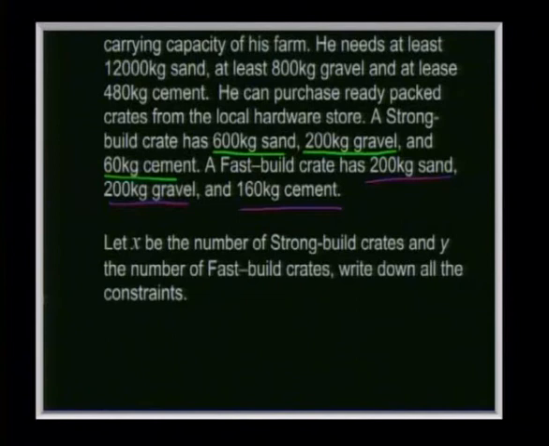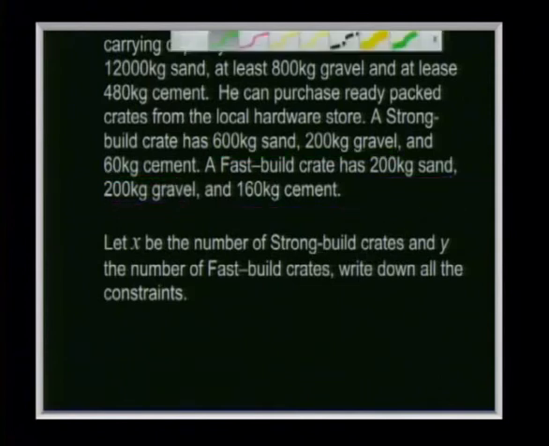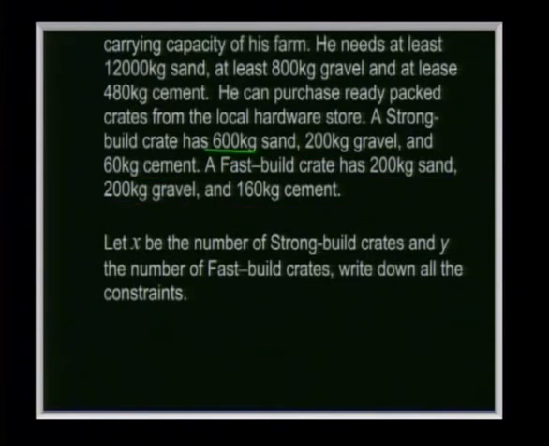So let's start. I'm going to rub out my colors and just talk about sand for starters. I need 600 sand from Strongbuild and 200 sand from Fastbuild. And how much sand do I need? 12,000 kilos. So if I have X Strongbuild, I will have 600x kilos of sand.